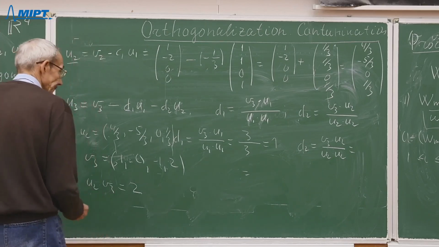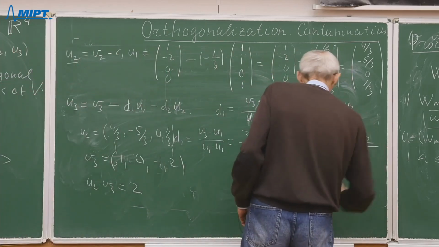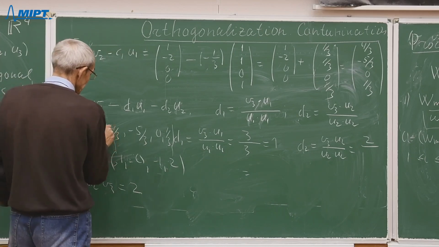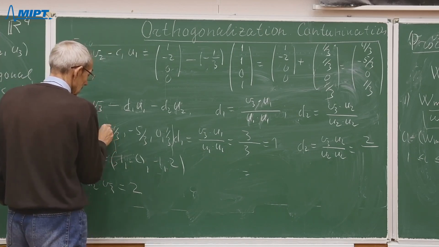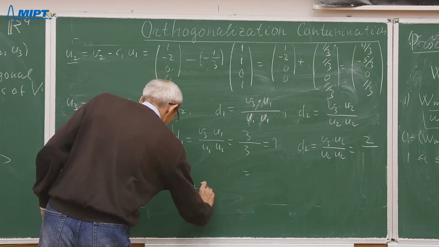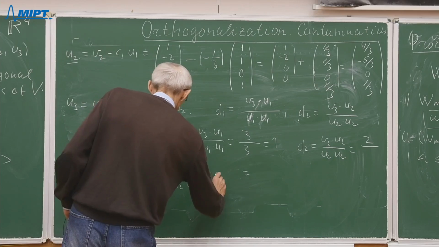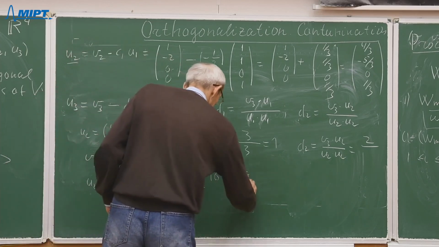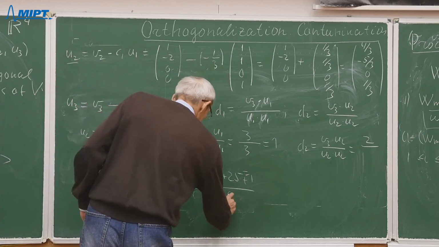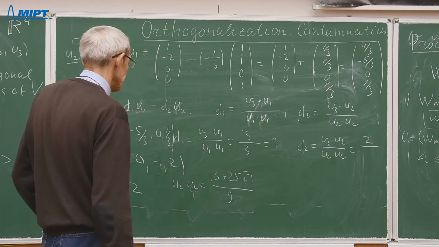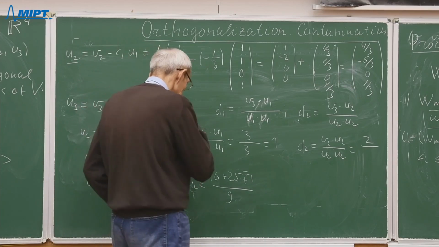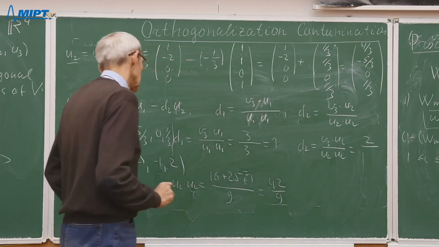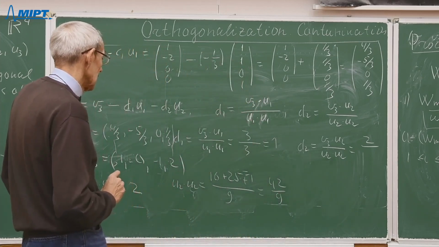And u2 times u2 is equal to 16 plus 25 plus 1, divided by 9, that is 42 divided by 9.